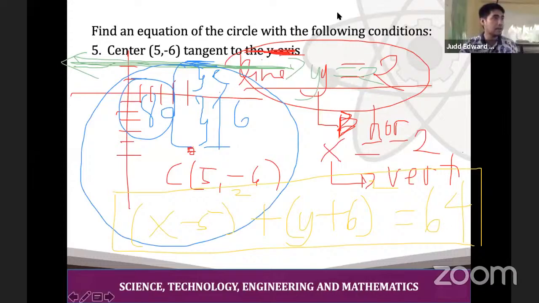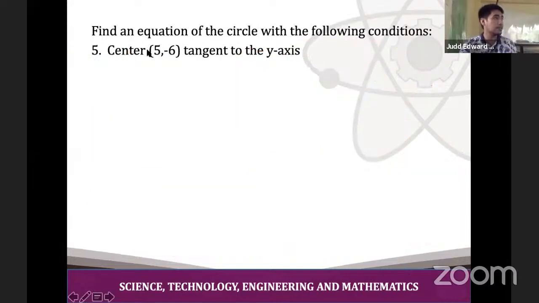What if it states here in the problem that it is now tangent to x = 2? It is now tangent to x = 2.